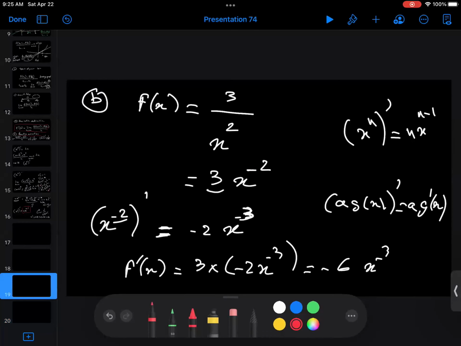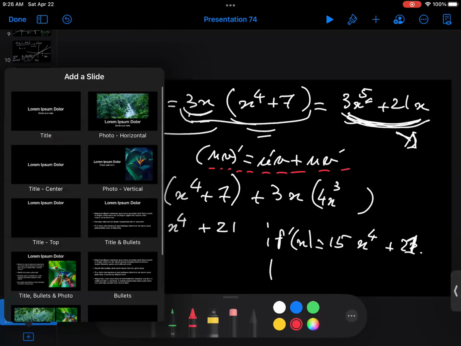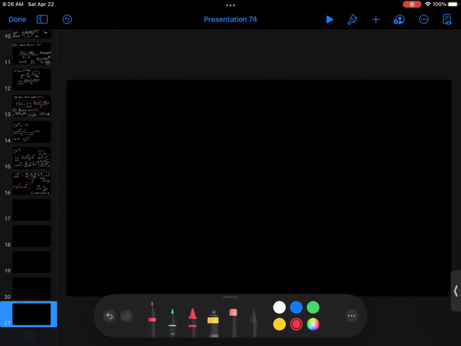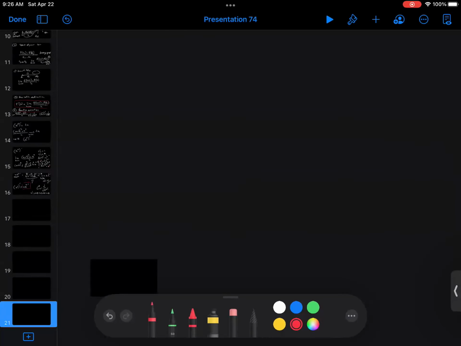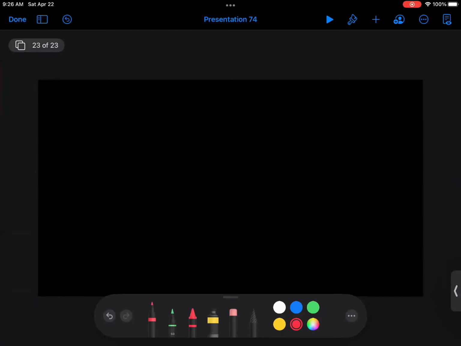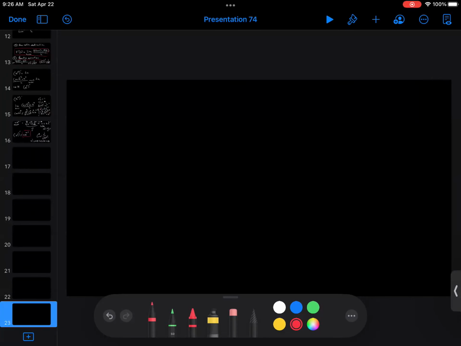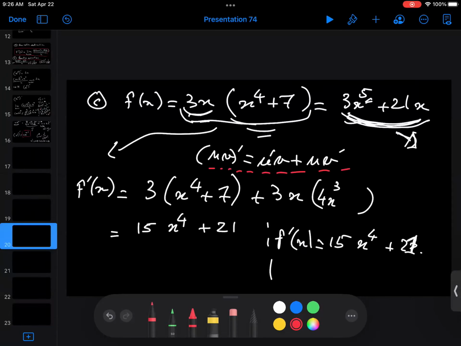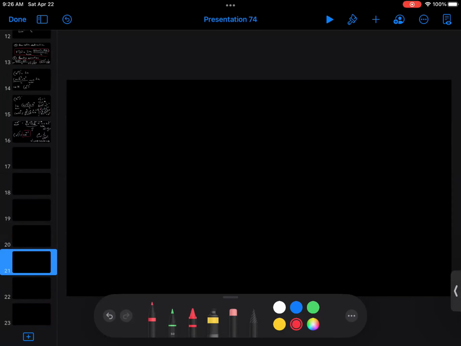So the next example is, so we do the quotient.